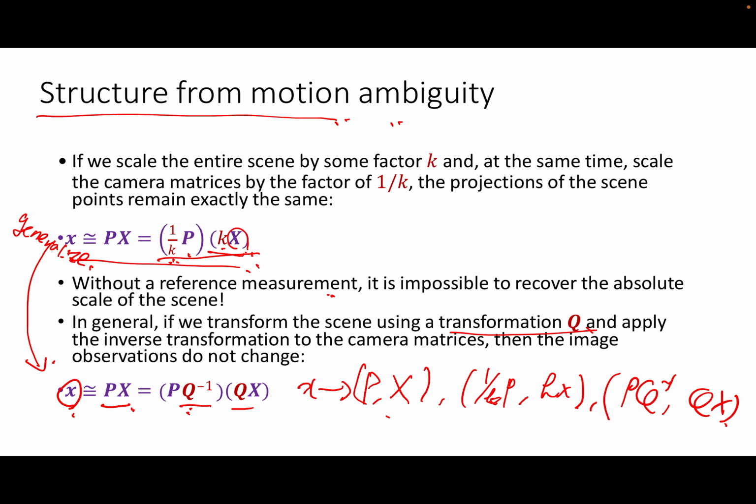There are already 3 possible solutions in this structure from motion formulation. So there can be infinitely many possible combinations of P and X that can explain small x. So there is an ambiguity in structure from motion.